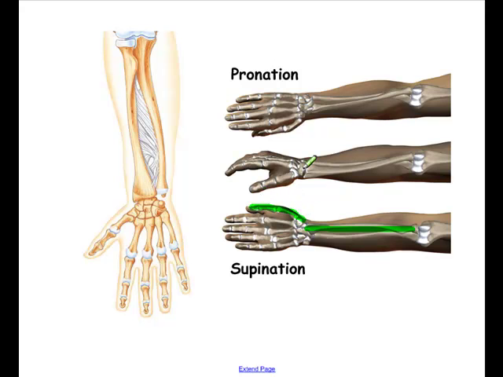Now, as we rotate our palms over into a pronation position where our palms are facing down, the joint at the elbow remains consistent, the radius being on the outside, the ulna being on the inside. But as we go down towards the hand now, you'll see that the radius is still on the thumb side position. So at the wrist, the radius and ulna roll over each other. At the elbow, they remain the same.